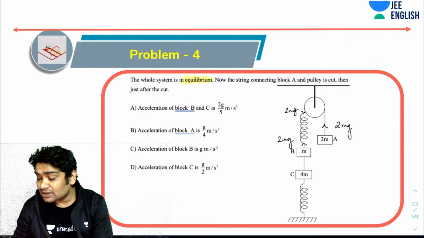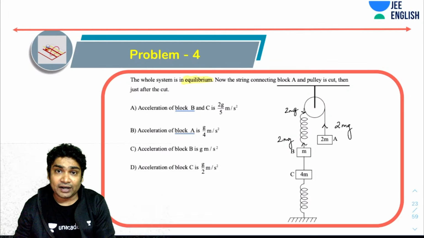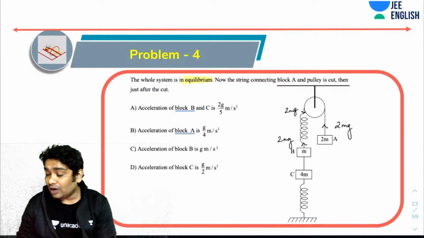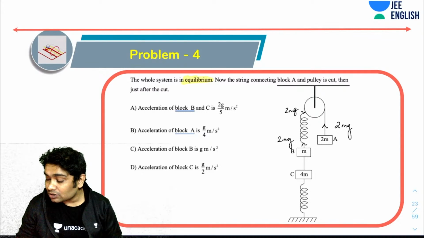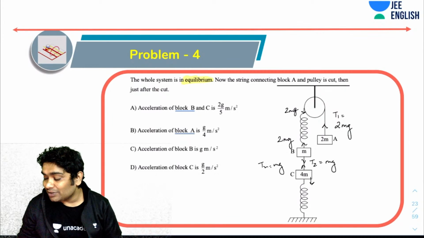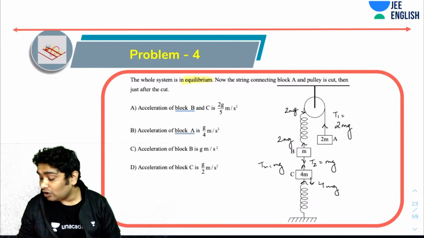So mg is the force due to gravity of this. For equilibrium of this, it would have felt a tension of 2 mg. And here, let's call this T1. This would have been equal to 2 mg. Now, if T2 is mg here, so this would have felt an upward force of T2 equals mg, and its own force of gravity 4 mg. So the spring would be pushing it with a force of 3 mg.